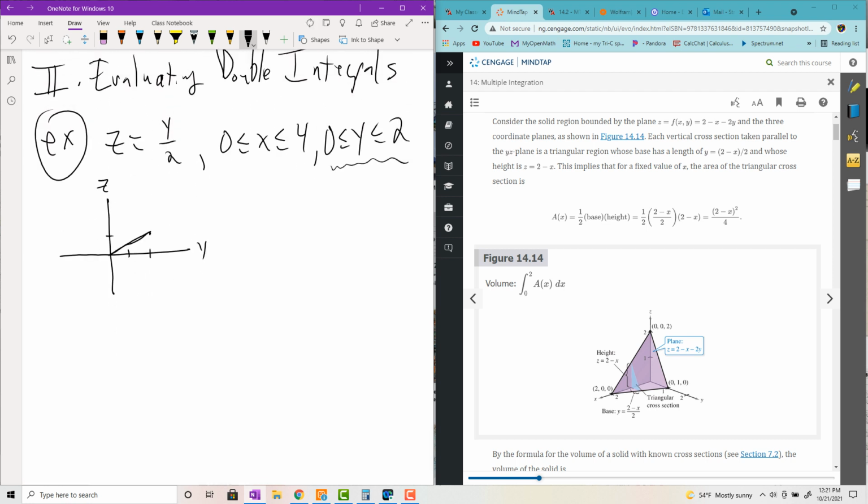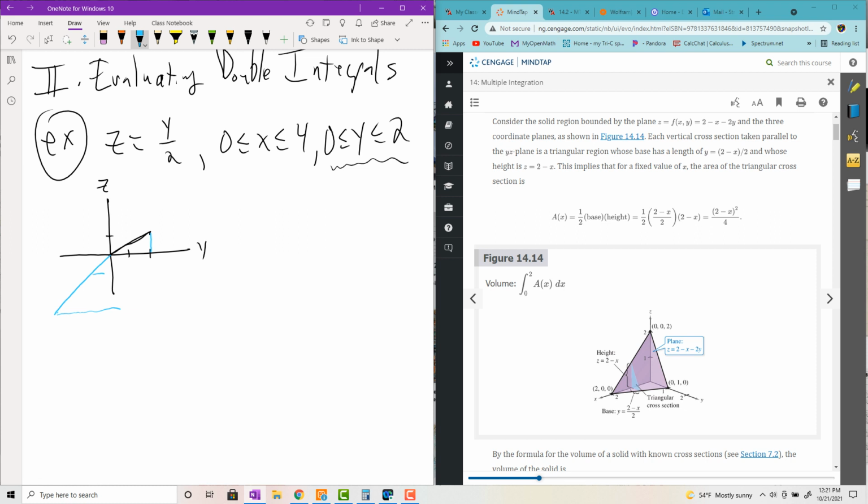Okay. Then if I want to extend that in the x direction, from 0 to 4, okay, so I'll go from 0 to about right here, 4. It's going to be like taking this triangle and just stretching it in the x direction.